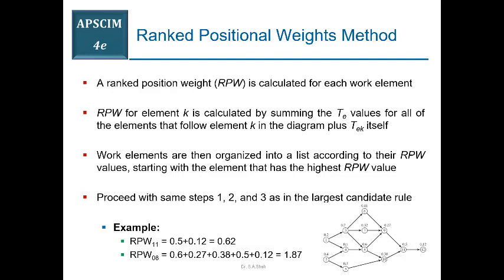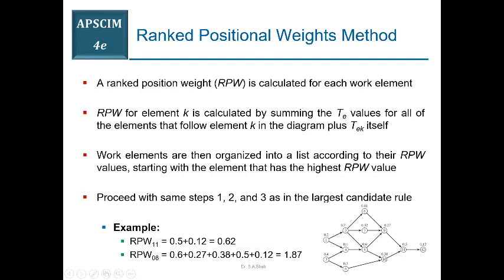In the Kilbridge and Wester method, you first rearrange the elements into a column-wise distribution on the precedence diagram, and then the column-wise distribution is rearranged into the table according to the largest candidate rule of the respective column.